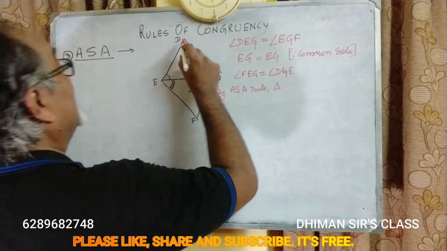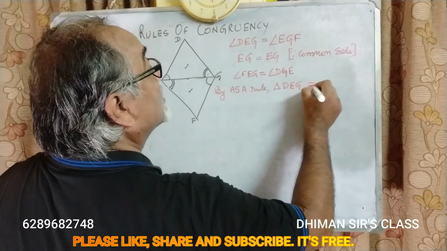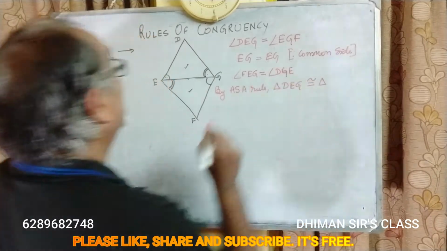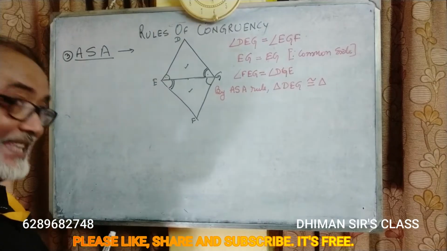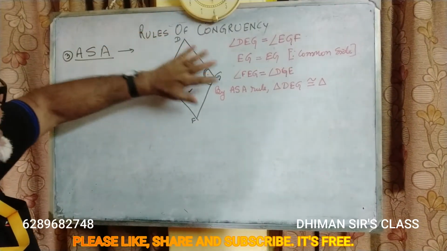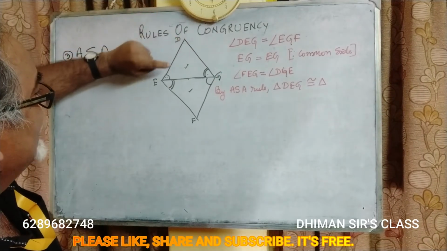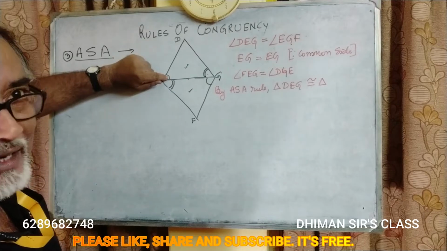Triangle DEG is congruent to triangle FGE. Now the point arises, we have to understand. DEG means from the peak we are going to the angle that has got a single mark.